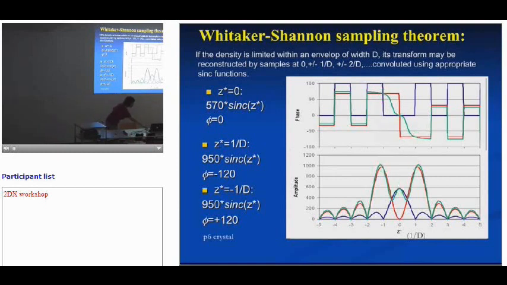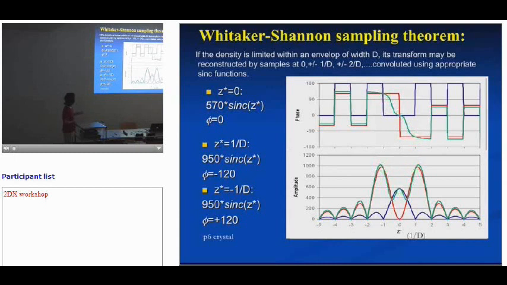So you notice that at certain points, the value hasn't changed that much. For example, at z equals 0, my amplitude value is still at 570. My phase is still at 0.